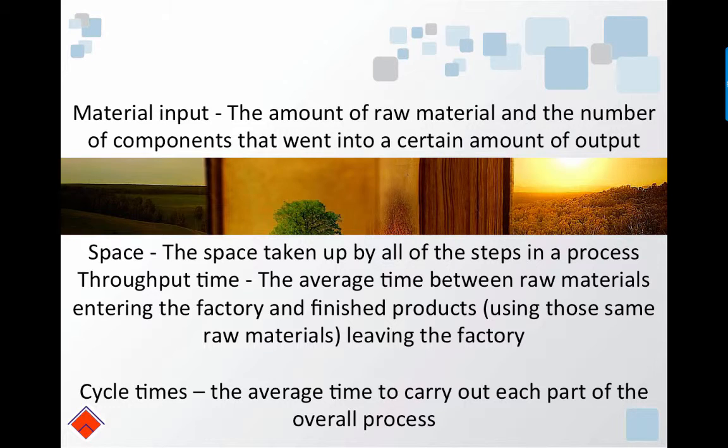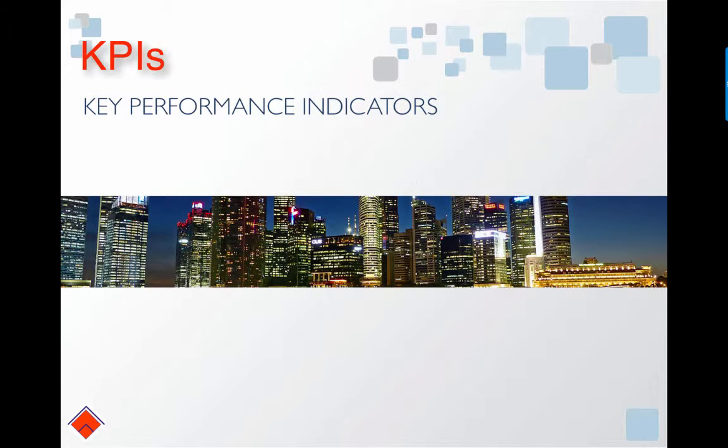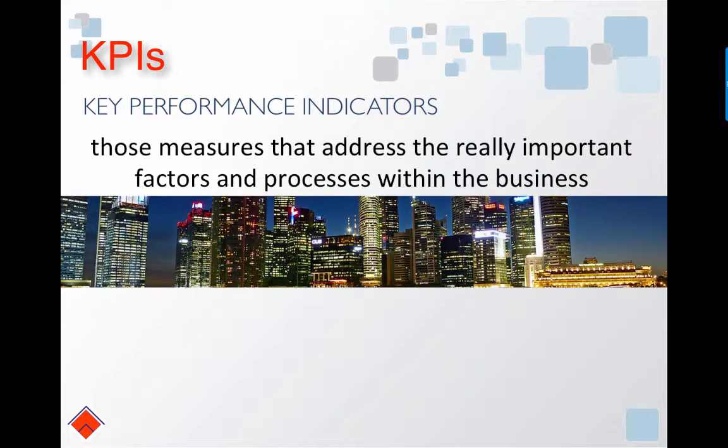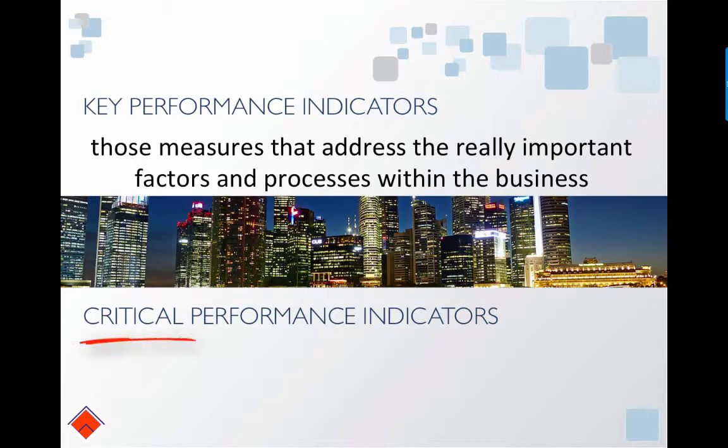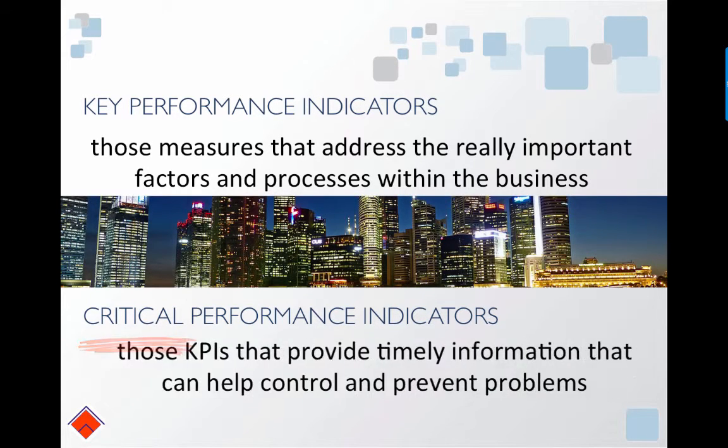Businesses talk about key performance indicators, those measures that address the really important factors and processes within the business. We talk also about critical performance indicators, indicators that are not only important or key, but critical in the sense that we need to get data on some factors or issues in time to act before real damage is done.